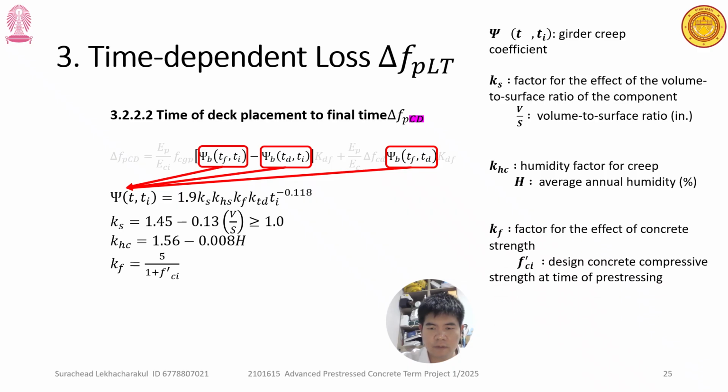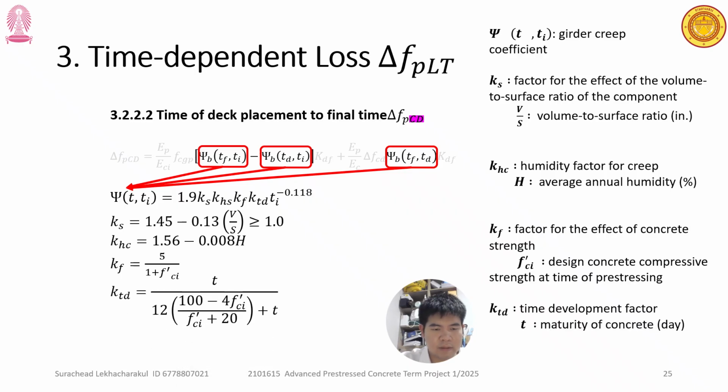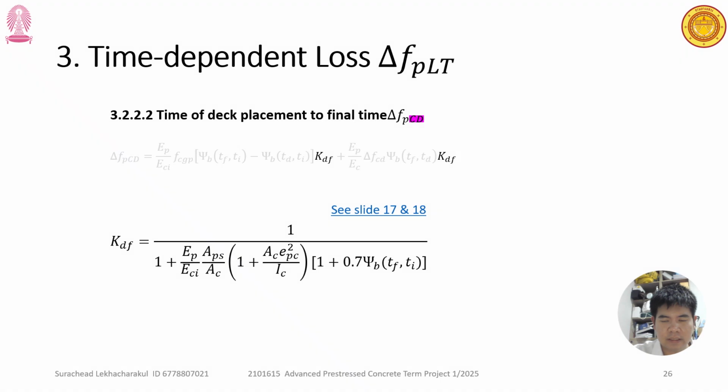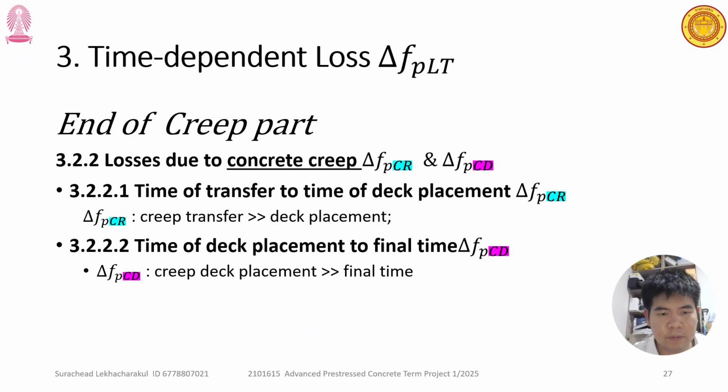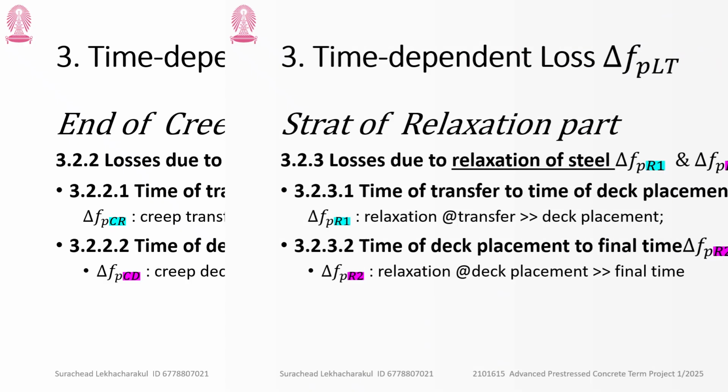Kf is the factor for the effect of the concrete strength, and KTD is the development of the concrete maturity. KDF I mentioned before; you can go back to see slides 17 and 18. End of the creep part.